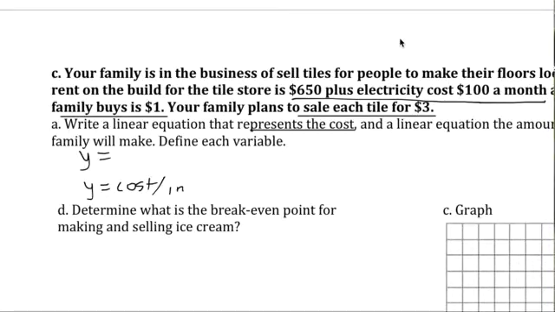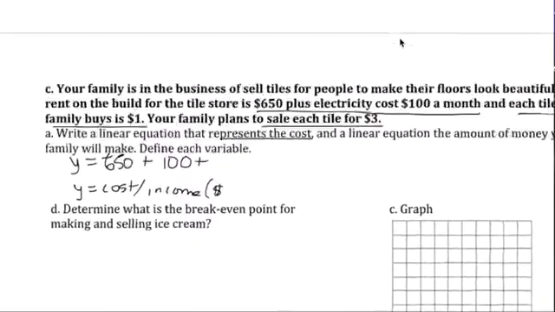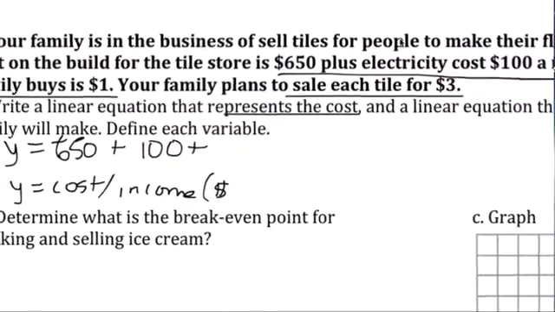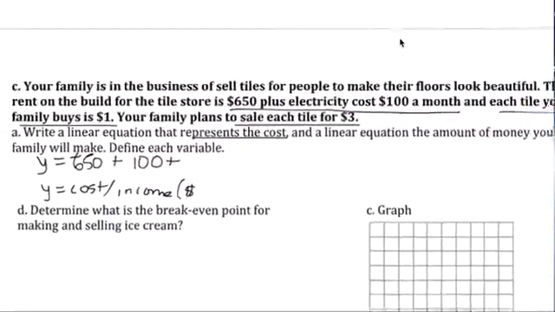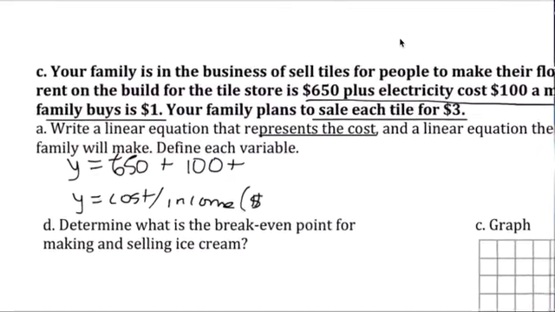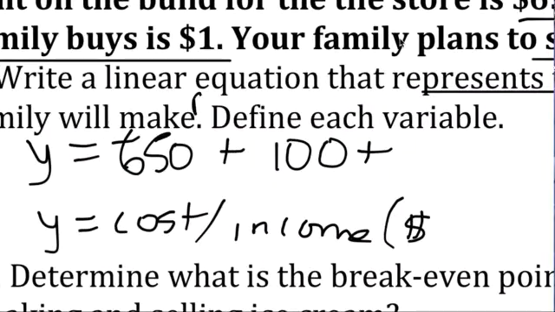Also the income, right? The cost is 650 plus $100 each month plus... I should put make per month here.